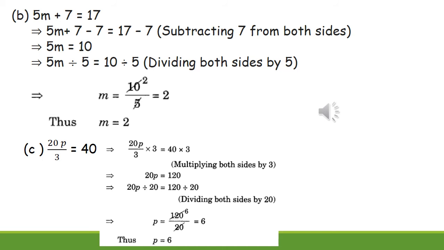Then we have to remove 20 by dividing 20 from both sides. So 20p divided by 20 is equal to 120 divided by 20. So 20p divided by 20 gives us p. 120 divided by 20 will give us 6. So p is equal to 6 is the solution.